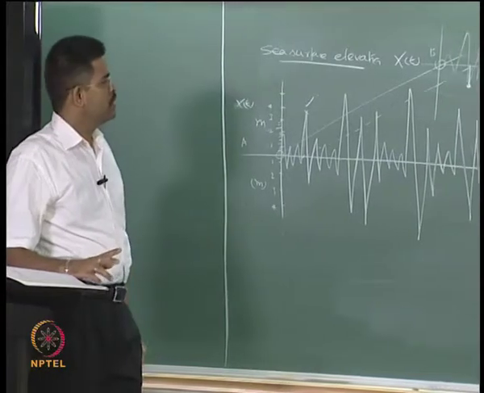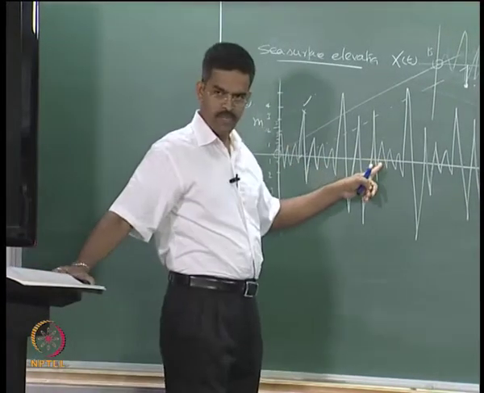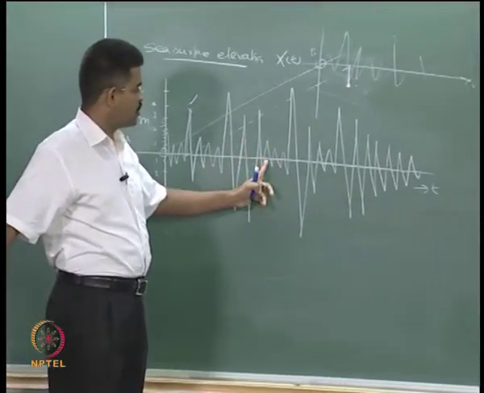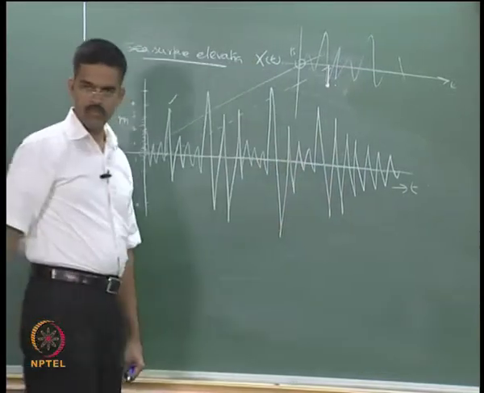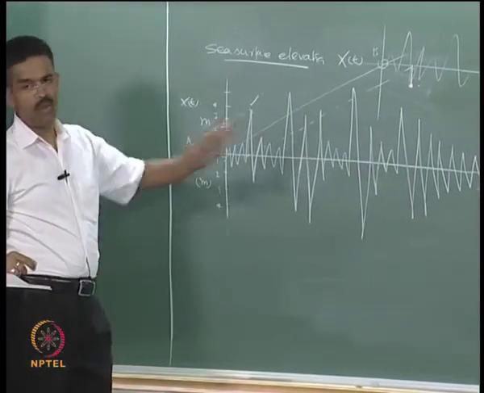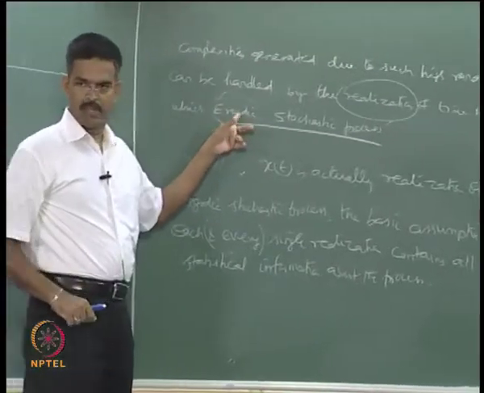So if you can pick up any one such process which can have realization of all the statistical parameters of the entire record, then that process can be said to be an ergodic process.